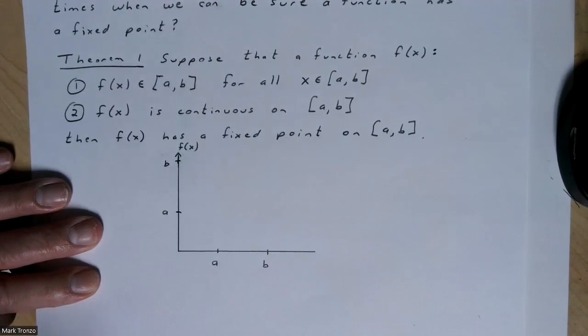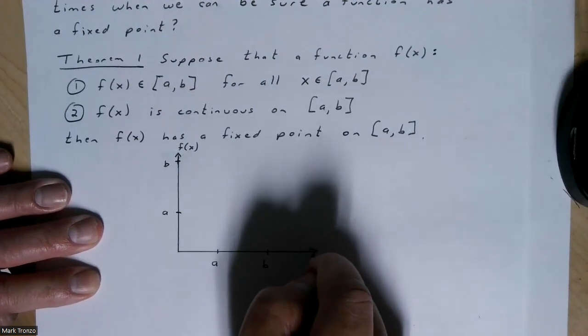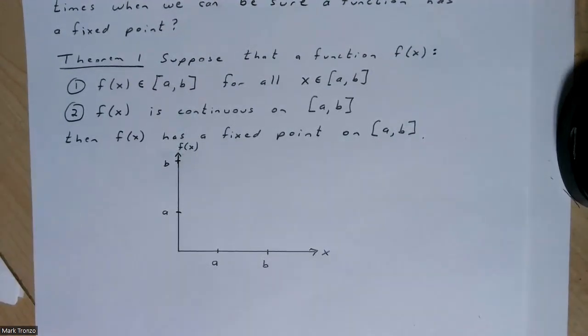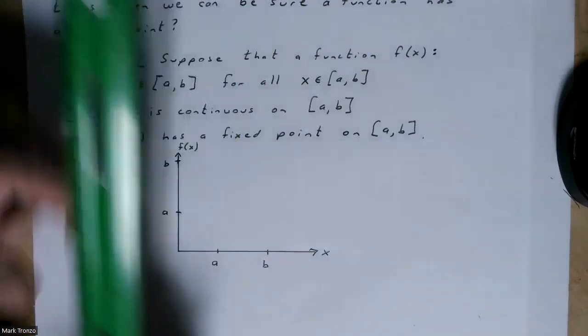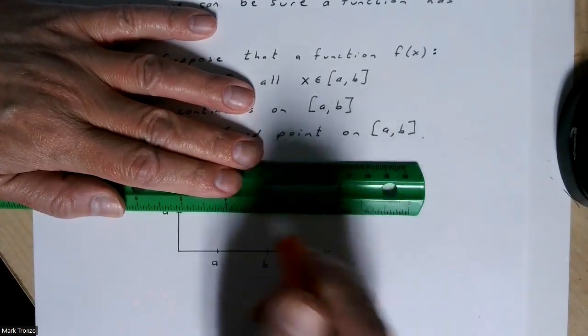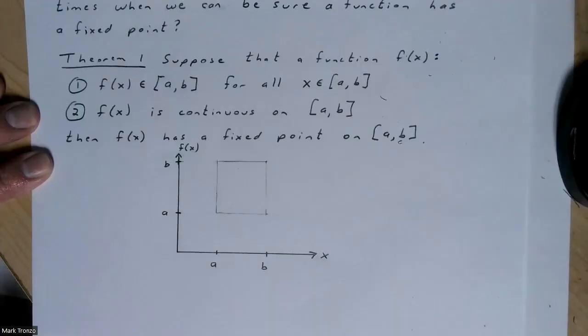So let's get a general idea what this might mean. Let's look at this on a graph. Again, we don't know what the function is actually going to look like, but we know a couple things here. This is a general idea.